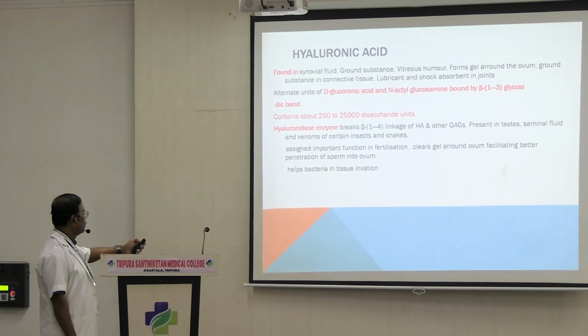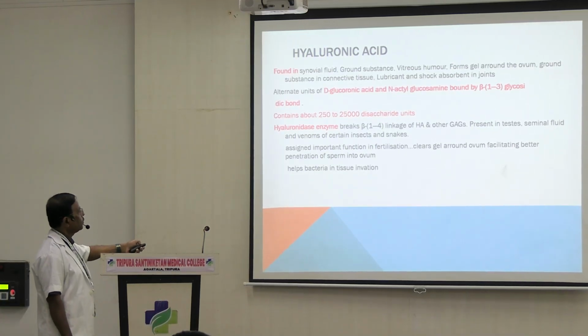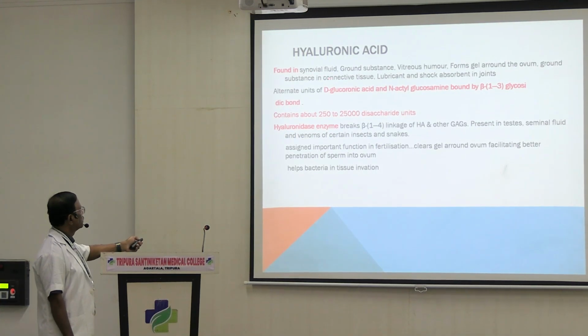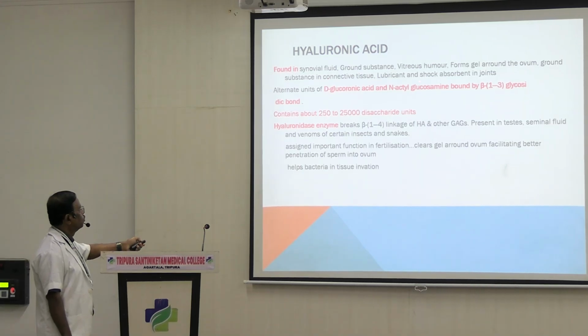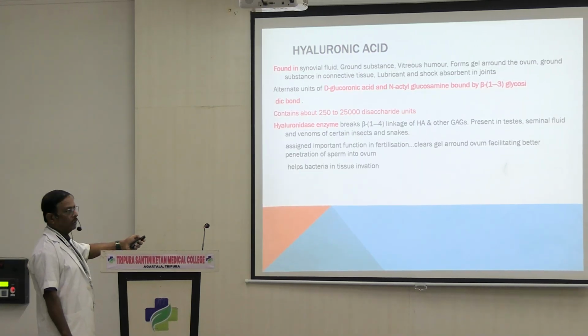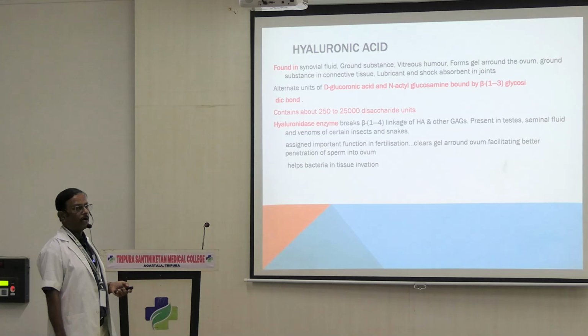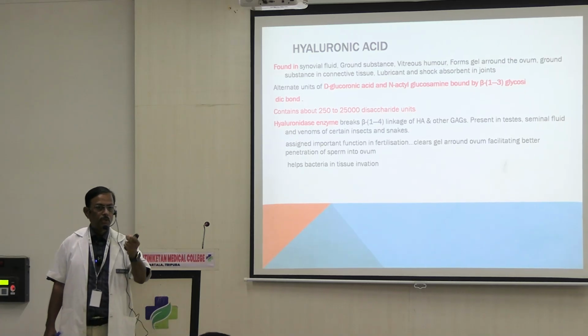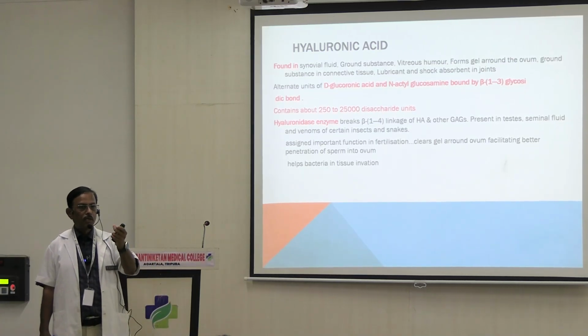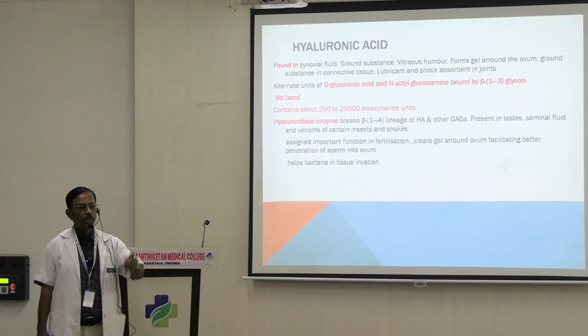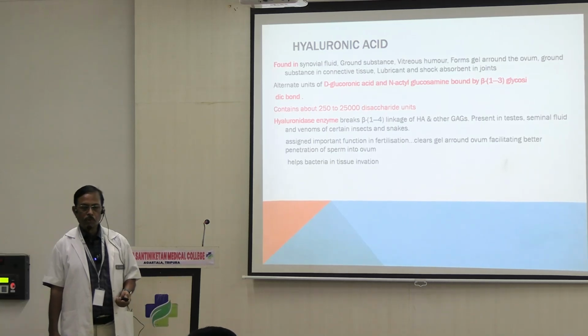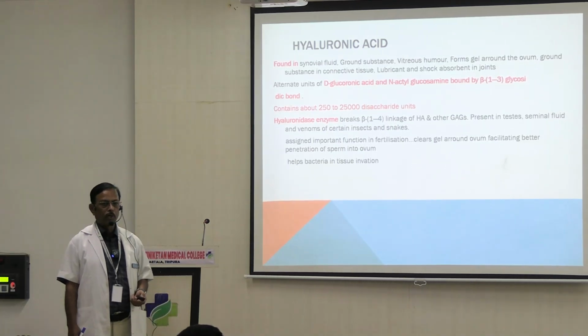It also forms a gel around the ovum, and is a ground substance in connective tissue, a lubricant and shock absorbent in the joints. In joints you will find some fluid which is very slippery, and its function is to lubricate the joint. Number one is lubricating the joint, and it is a shock absorber also.